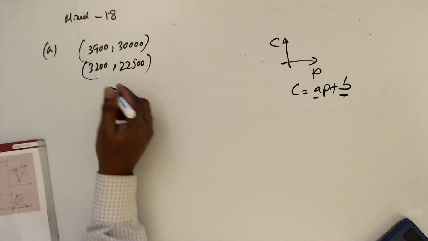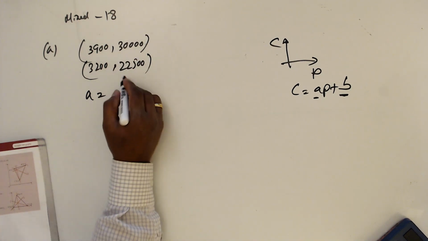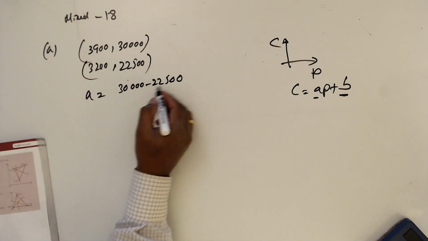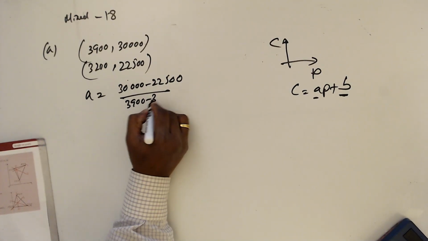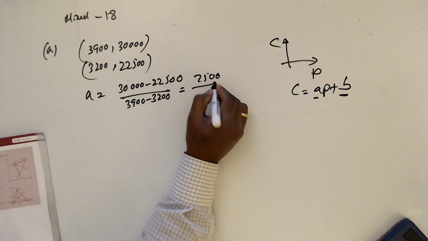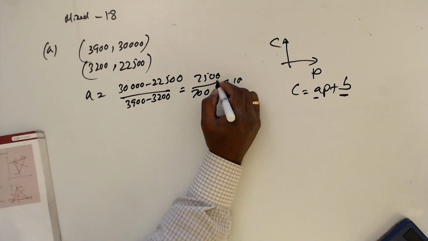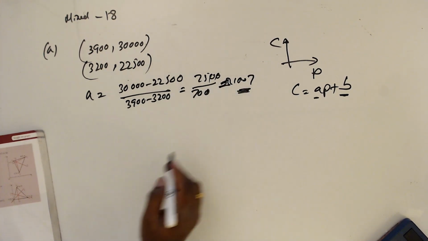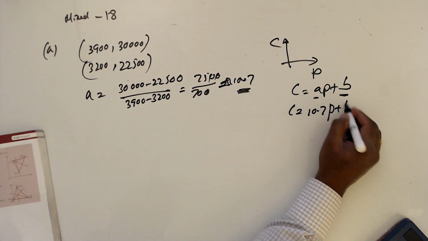Then the gradient A is y1 minus y2, 30,000 minus 22,500, divided by x1 minus x2, 3,900 minus 3,200, which is going to be 7,500 over 700, approximately 10.7. So now C equals 10.7P plus B.